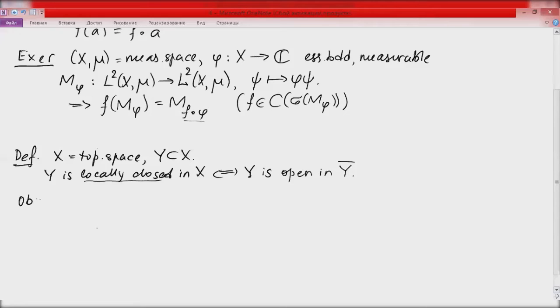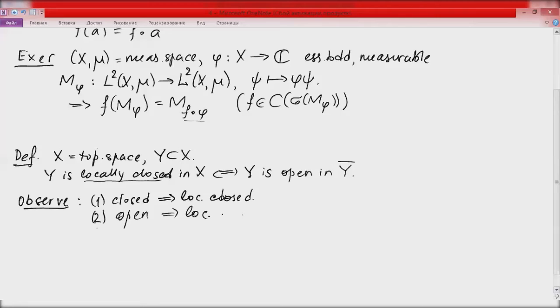Let's observe that a closed subset is clearly locally closed. And second, it's also clear that each open set is locally closed. Indeed, if Y is open, then it is open already in X, and moreover, it is open in its closure.